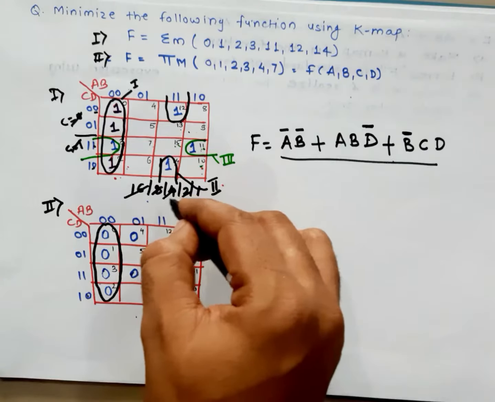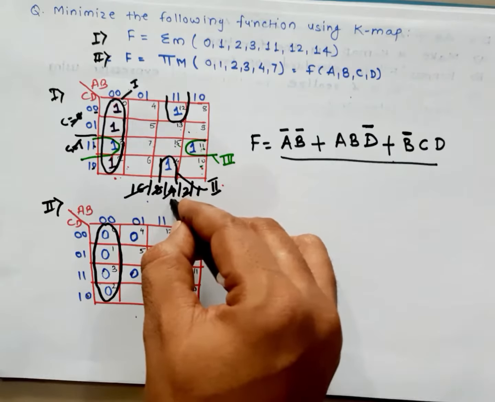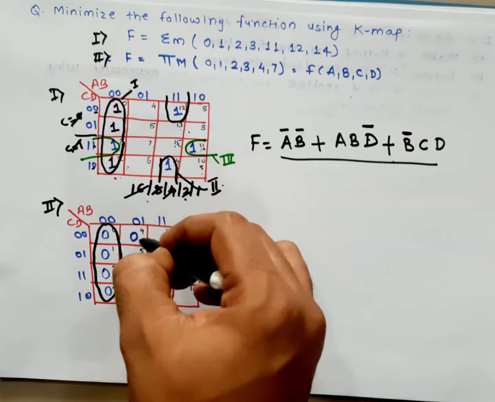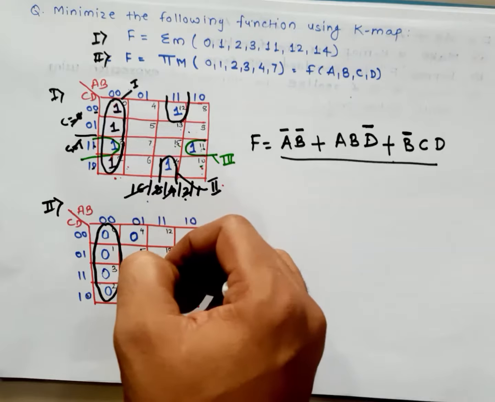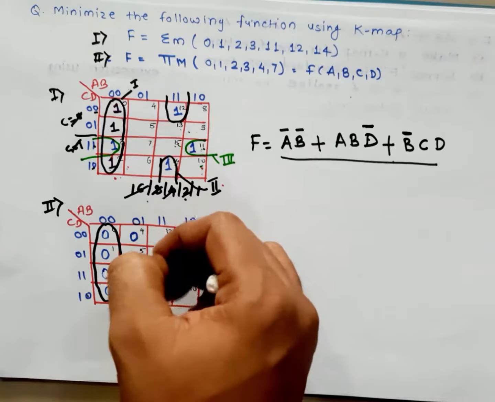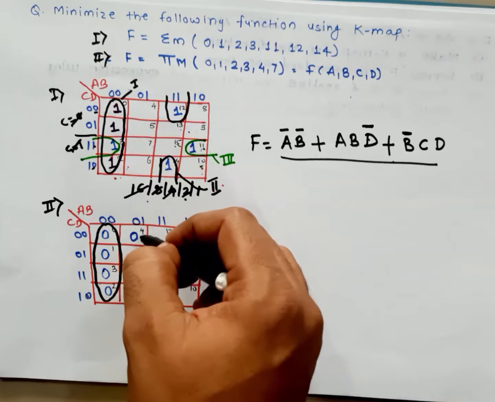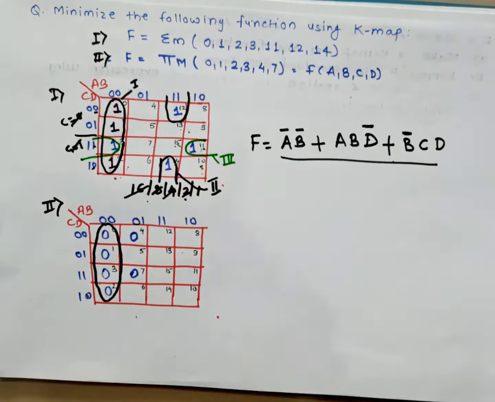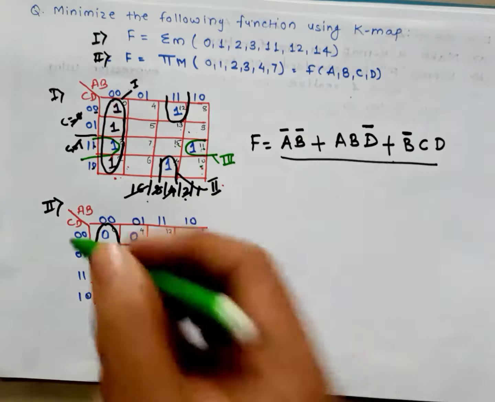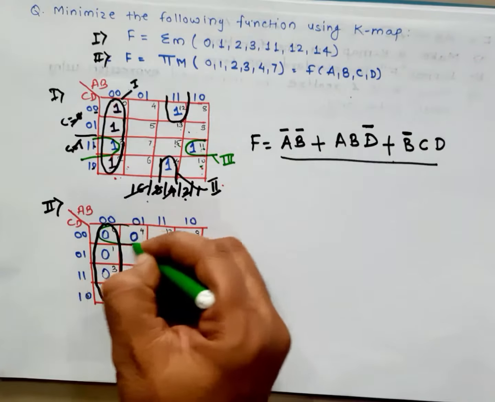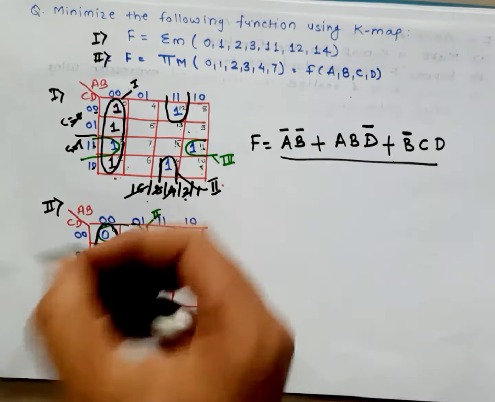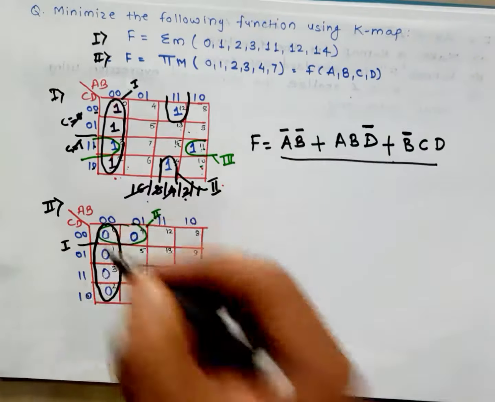Is there any other 4 cells having 0 values? No. Then a group of 2 cells. See, cell 4 and cell 7 are not adjacent to each other, but cell 4 and cell 0 are adjacent to each other, so we can make a group of these. So this is the second group, and this is our first group.